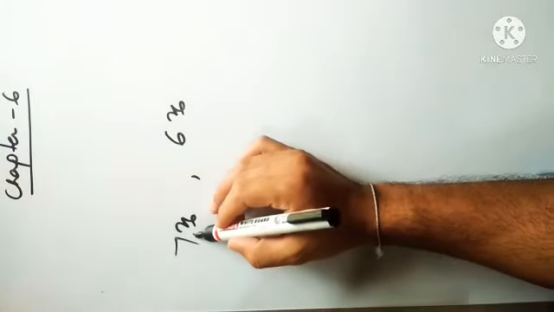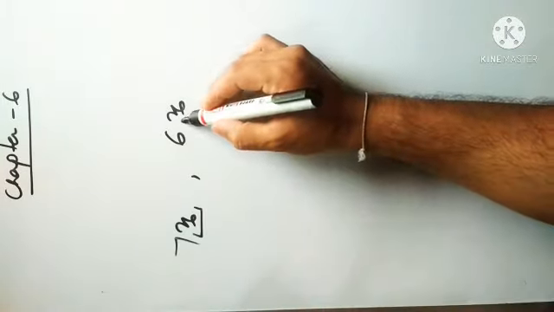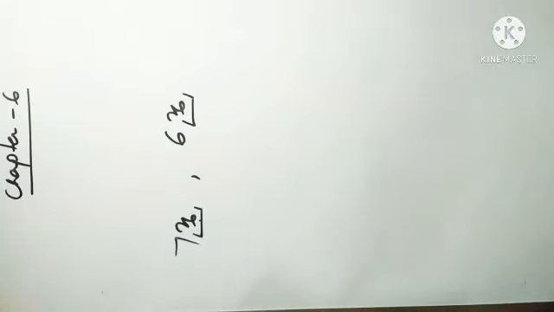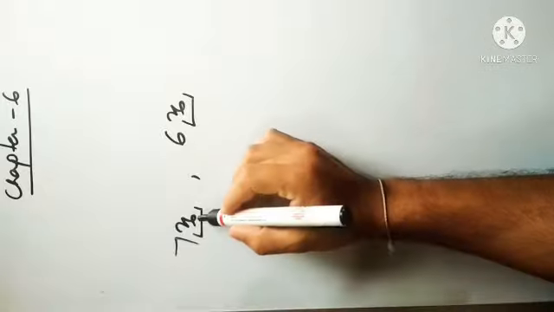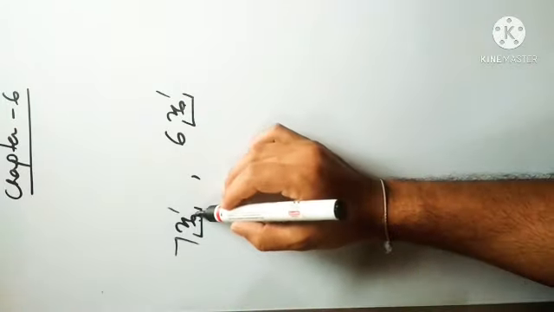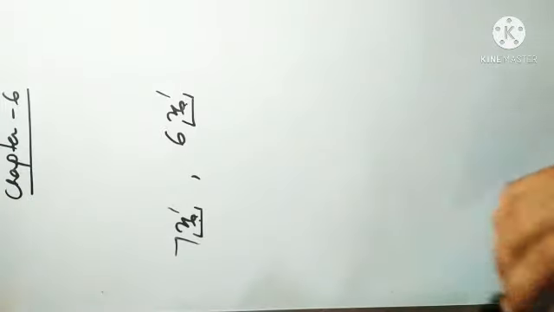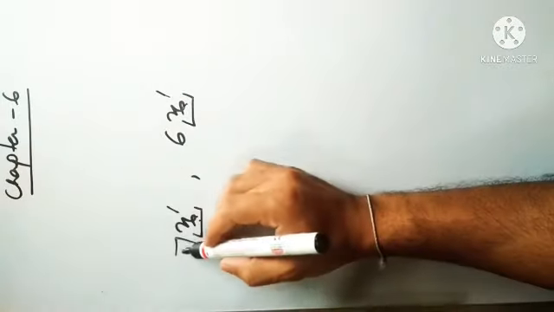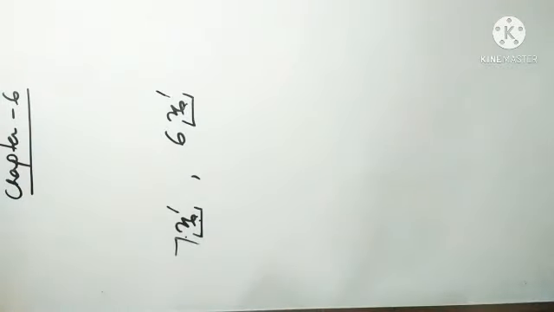In this term I find x, in this term also I find x. And what about their power? Here the power of x is 1, and here the power of x is 1. That means they have the same type of variable and the same power. So these 2 are like terms.